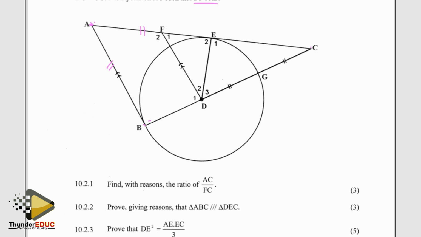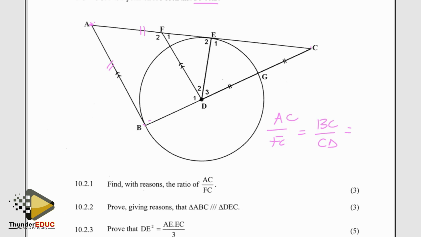AC over FC. So from the proportionality theorem, we know that if we have our AC over FC, let me just do it this side. AC over FC is going to be the same as BC over CD.